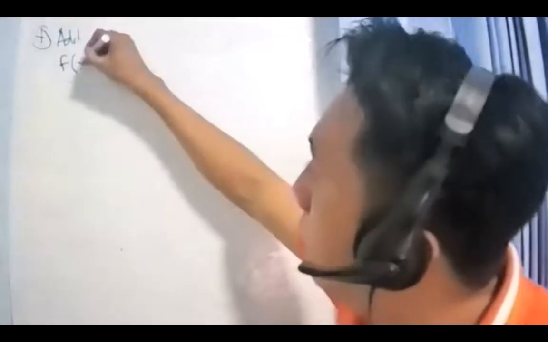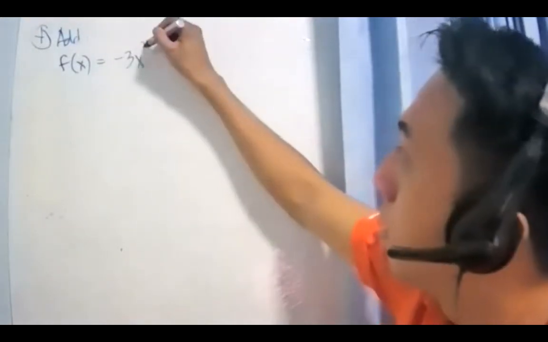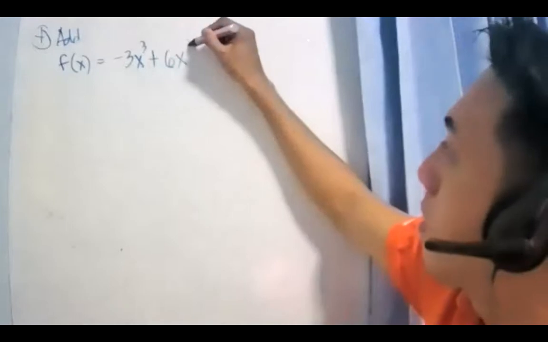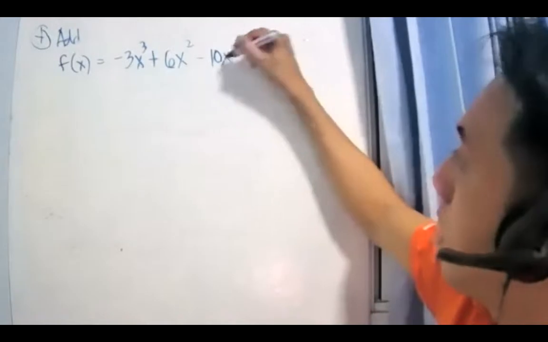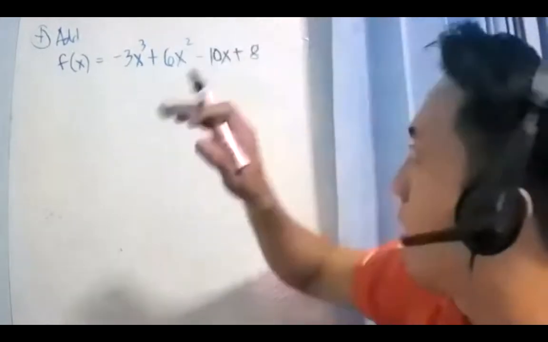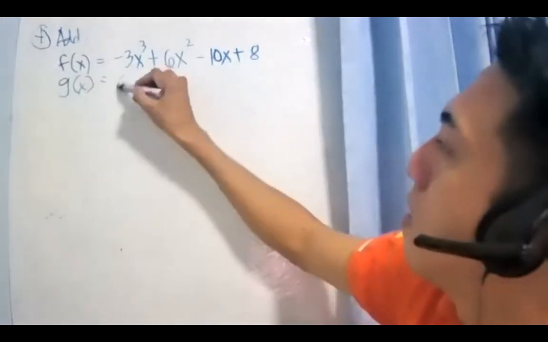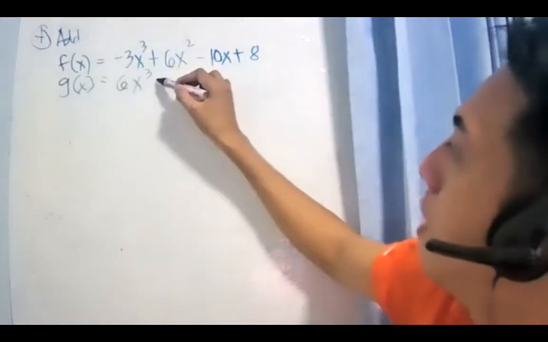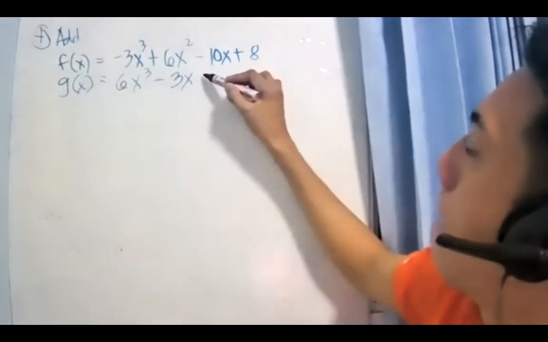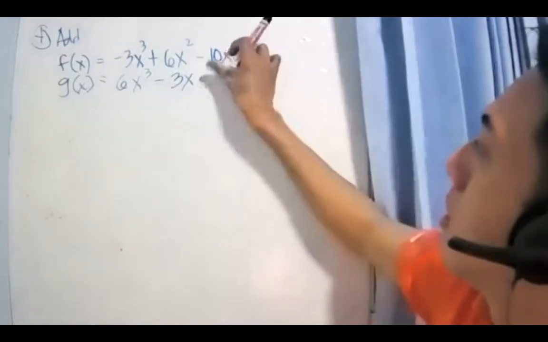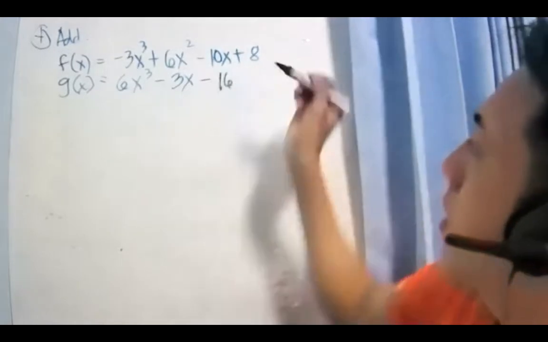F of x is negative 3x cubed plus 6x squared minus 10x plus 8, for example. And our g of x we have here is 6x cubed minus 3x minus 16, for example.